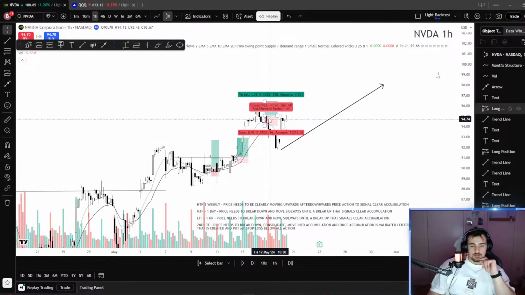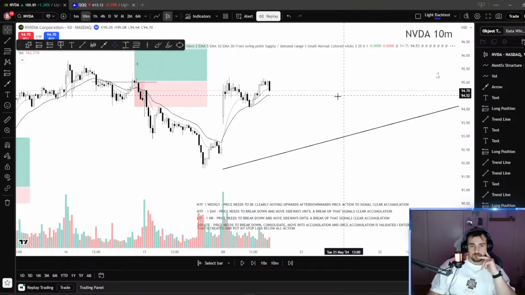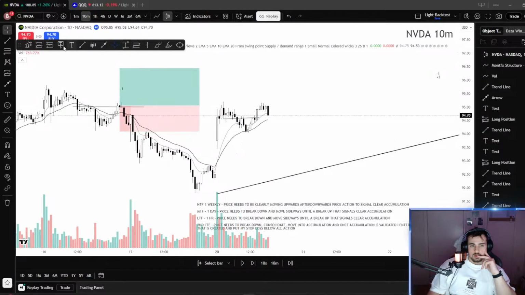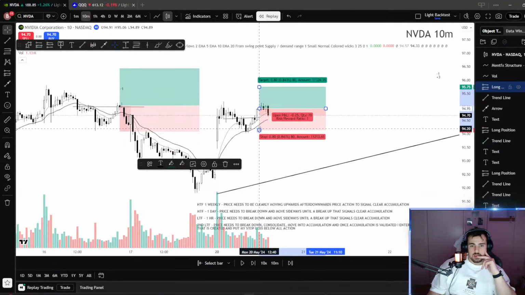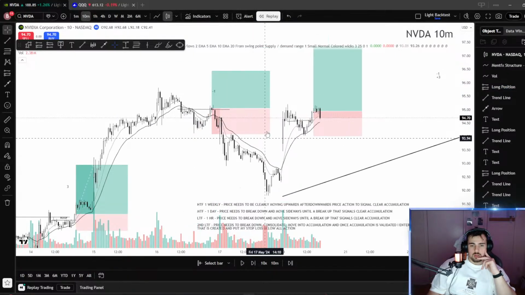So price proves accumulation, 10-minute time frame. We kind of have this roof right here. Price would have entered me in right here, stop loss below, and this would be my trade.